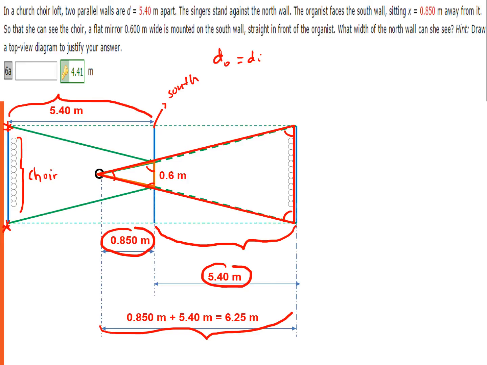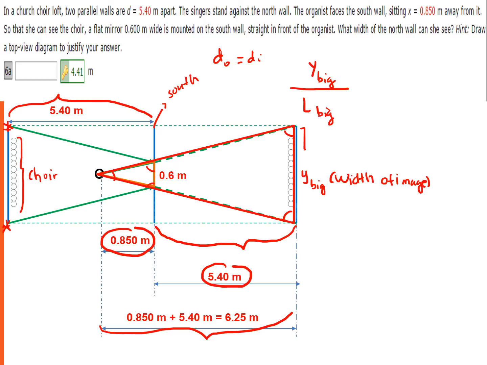So for example, if we look at the width of this image here, which we are going to call y big, the width of the image, divided by the length of the bigger triangle, which we're going to call L big.